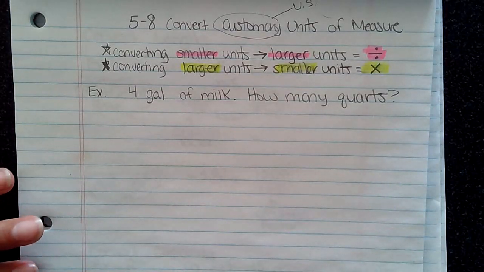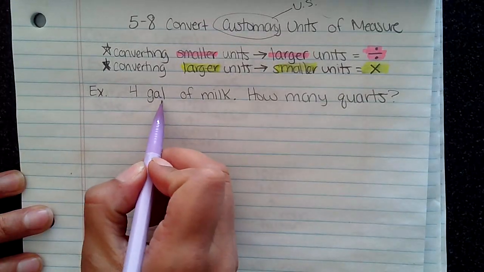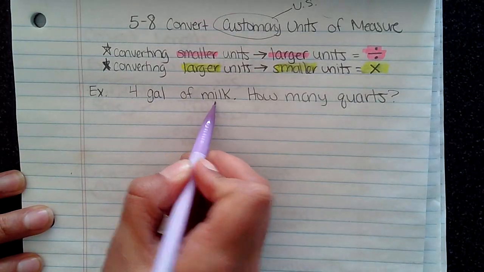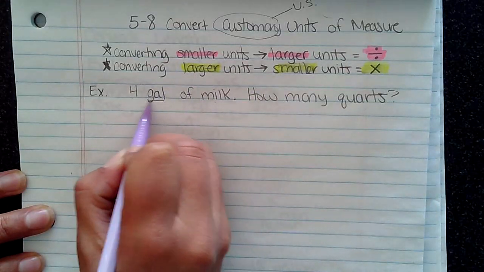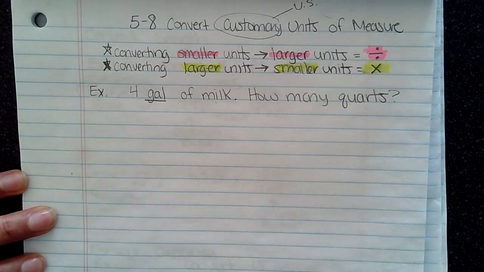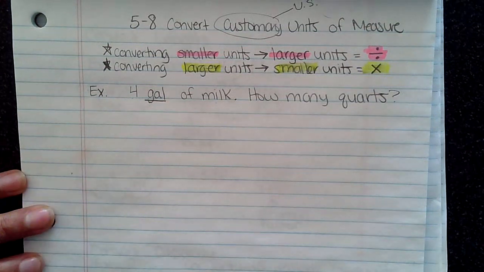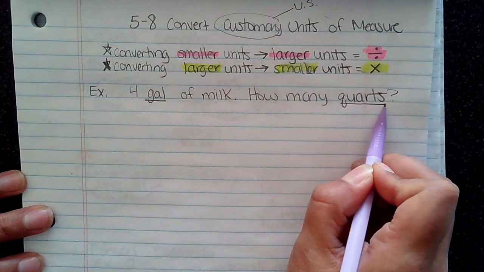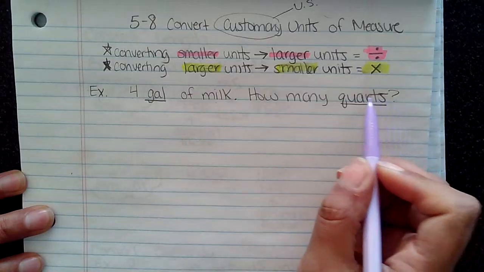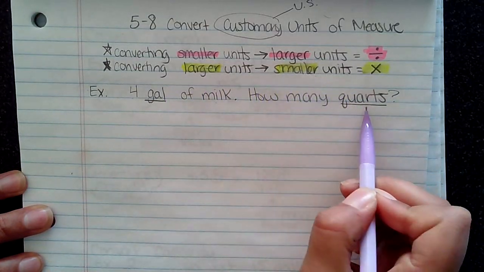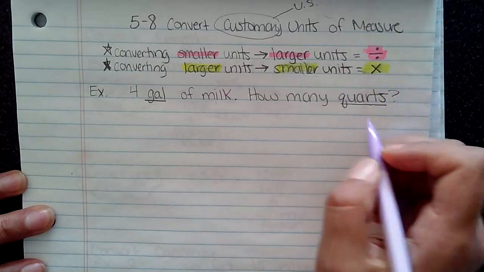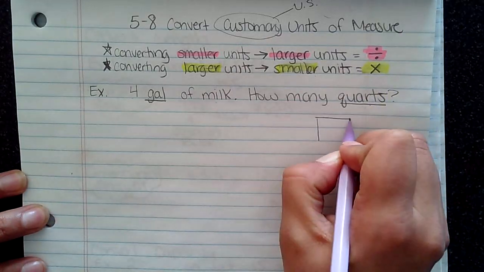So we need to convert 4 gallons of milk and we want to know how many quarts. So we're going from a large amount, gallons, to a smaller amount, quarts. So because we're going from a larger unit, gallon, to a smaller unit, which is a quart, we're going to multiply.